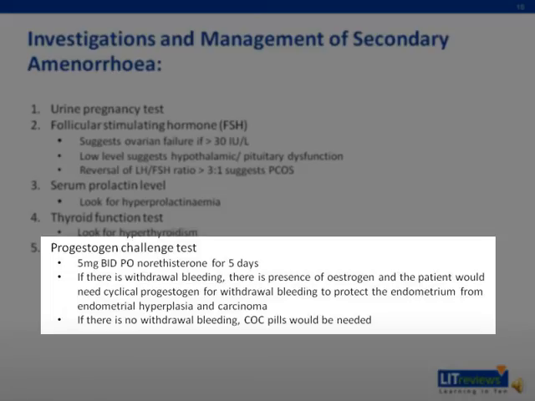These are very common cases of polycystic ovarian syndrome. And if there is no withdrawal, then the lady may have a low estrogen level, thus a combined oral contraceptive pill which contains both estrogen and progesterone might be helpful in such cases.